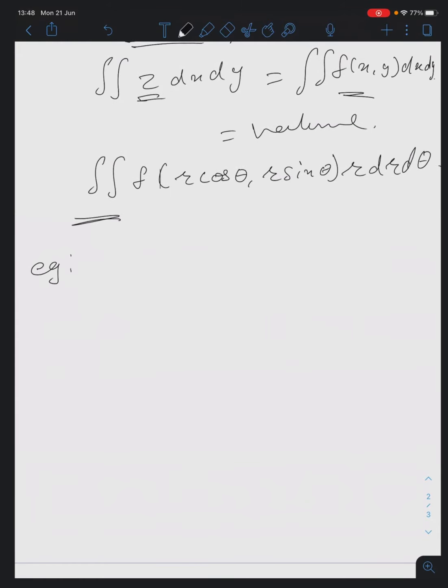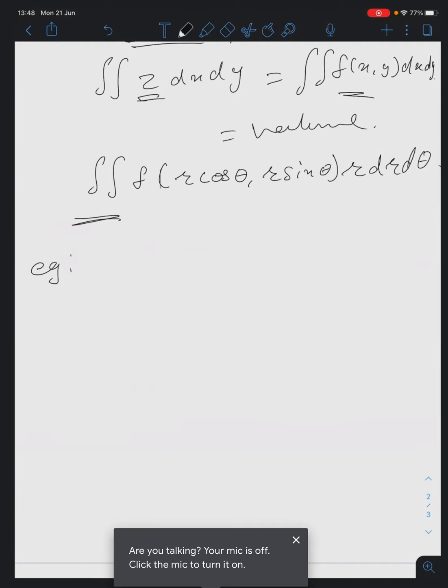Suppose they give the question without mentioning double or triple integral, it's your wish, whichever you want you can apply.